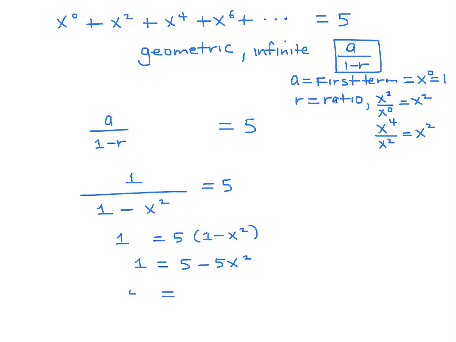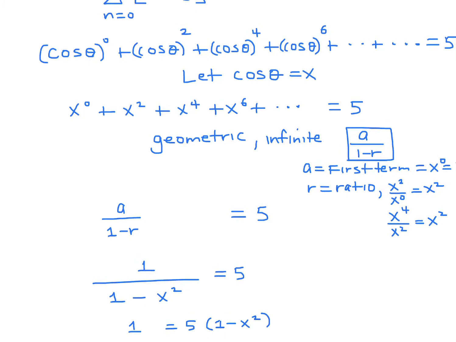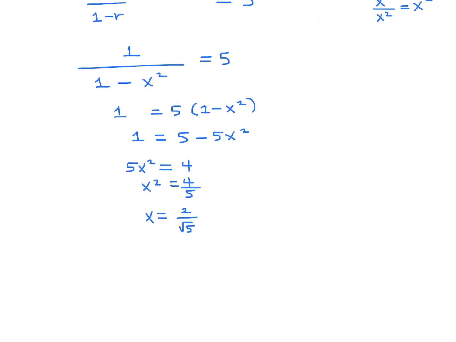Put the 5x squared on one side. 5 minus 1 is 4. Therefore, x squared is equal to 4 over 5. X is therefore equal to 2 over the square root of 5. All right? So that means, since we let cos theta equal x, that cos theta is equal to 2 over the square root of 5.